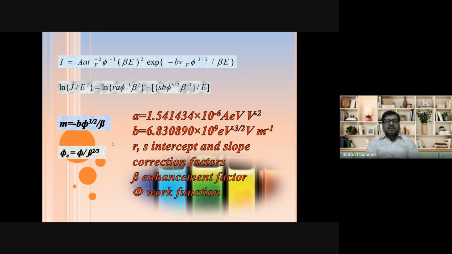So it can be visualized in the way that at a very sharp nano tip of the material, the electric field lines are getting concentrated, just the way lightning gets concentrated on the sharp tip of a lightning rod kept on a high rise building. So this is the same way. That means the effective field is enhanced much higher than the actual applied field, and the ratio of the effective field to the applied field is nothing but the enhancement factor.